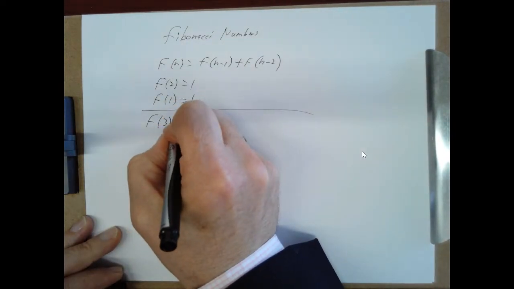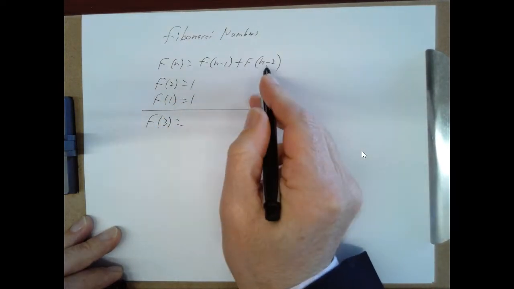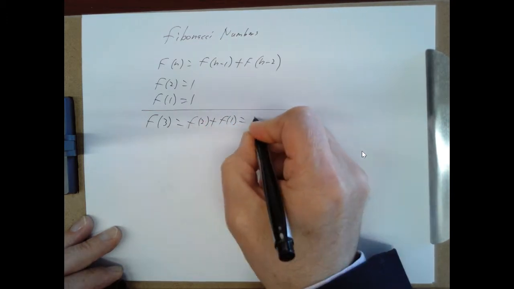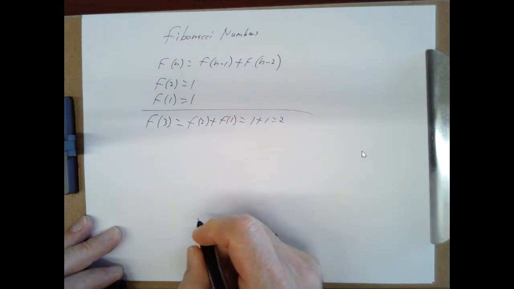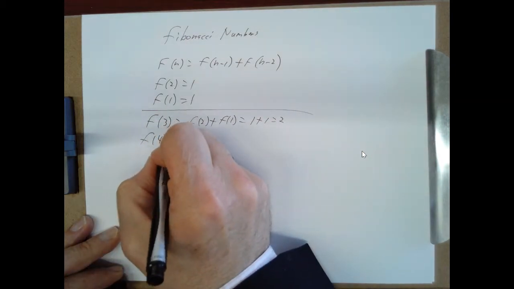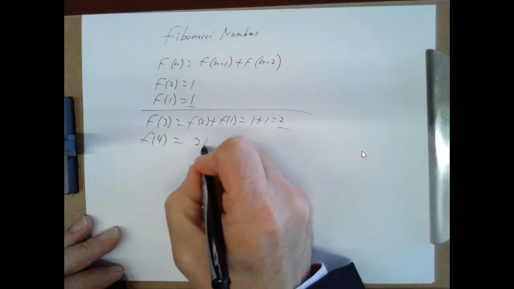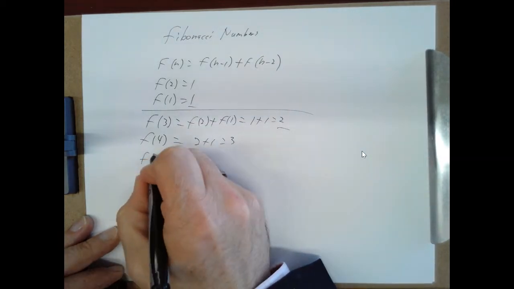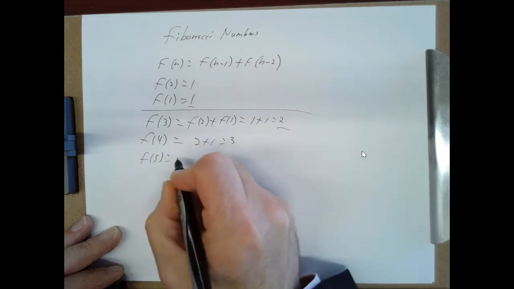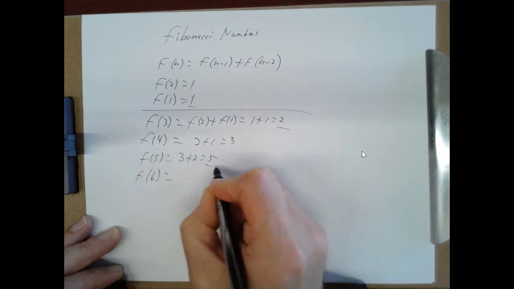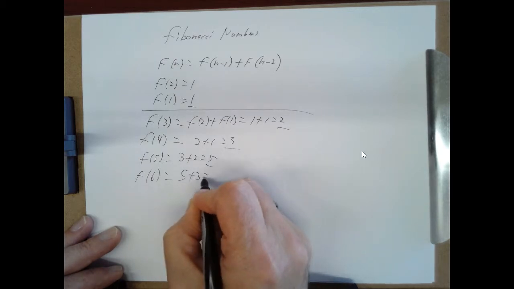F of 3 is f of 2 plus f of 1, which is just the number 2. F of 4 is f of 3 plus f of 2, so it's 2 plus 1 equals 3. F of 5 is just 3 plus 2, which is 5. F of 6 is 5 plus 3, which is 8, and you keep going.